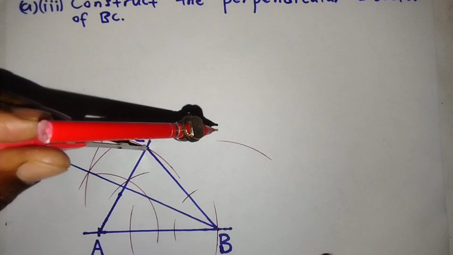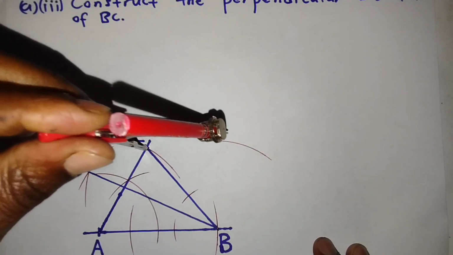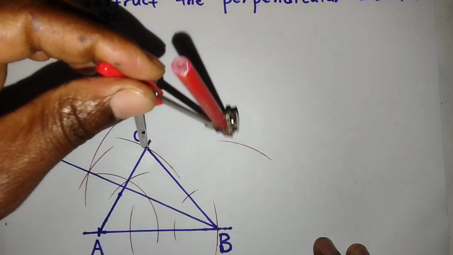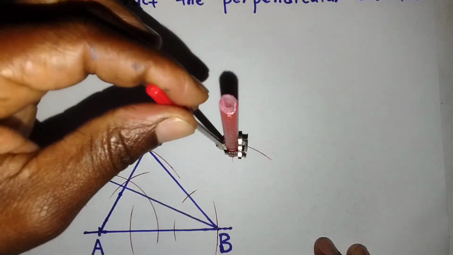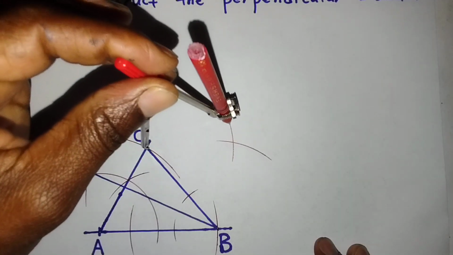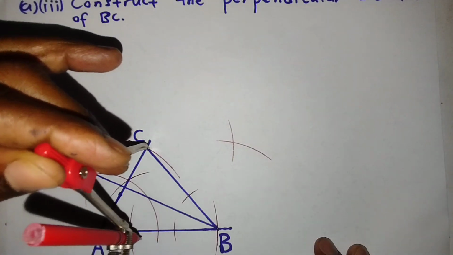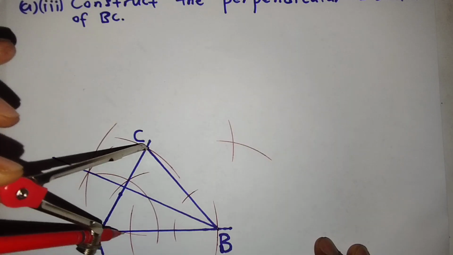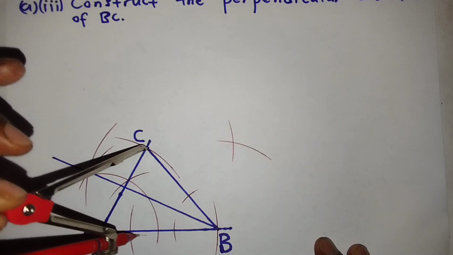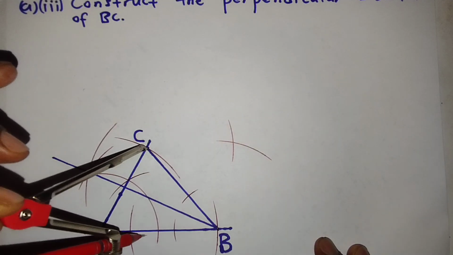Remember, I want to construct a perpendicular bisector of BC. A perpendicular bisector is just a line which passes through the middle section of our line BC in this case, and this same perpendicular bisector will form an angle of 90 degrees with the line BC where they meet.